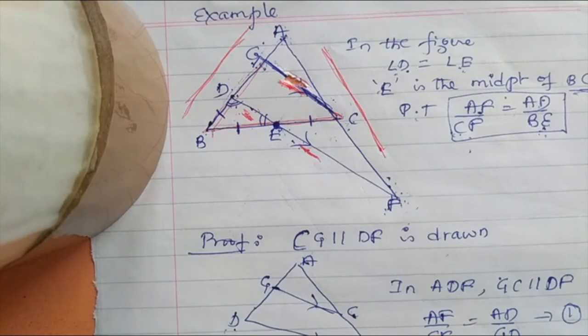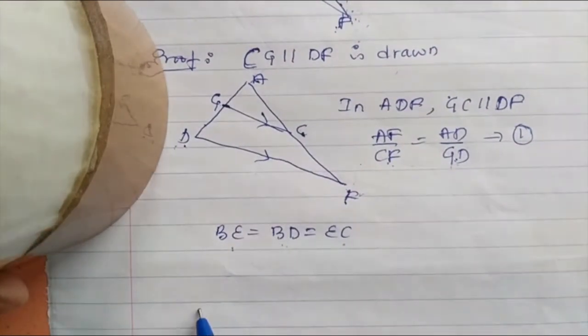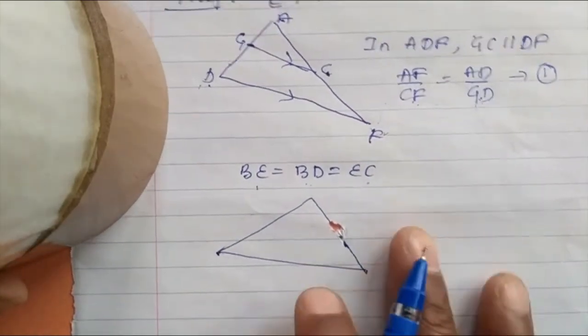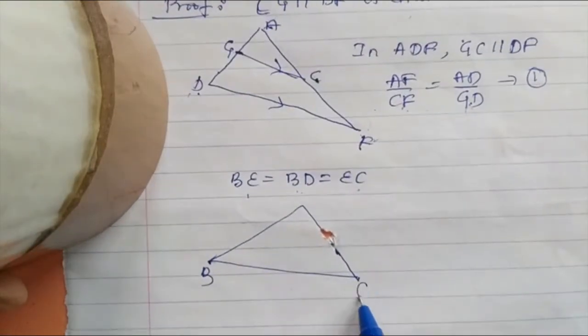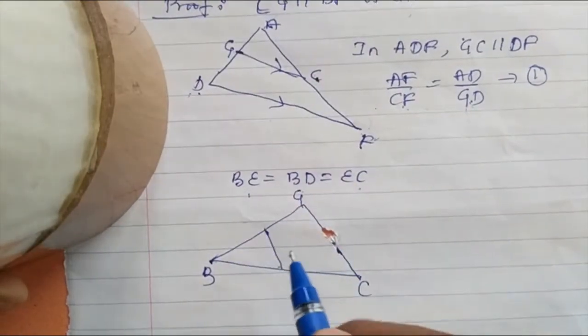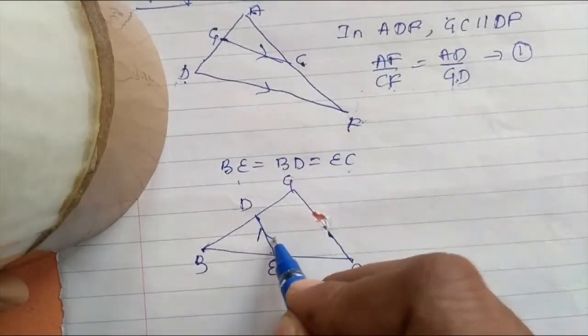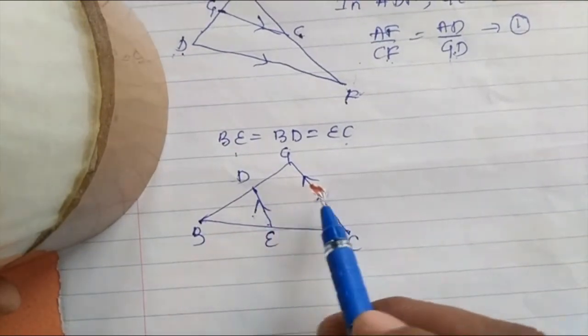Take this shape, that is triangle BCG. Triangle BCG, like this. And here one parallel line is there, that is ED. Look at this triangle I draw separately. So here also two parallel lines are there.